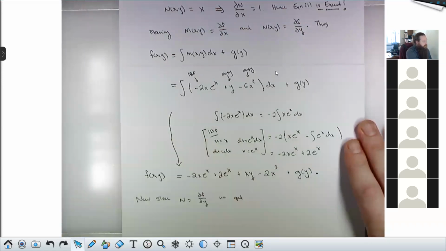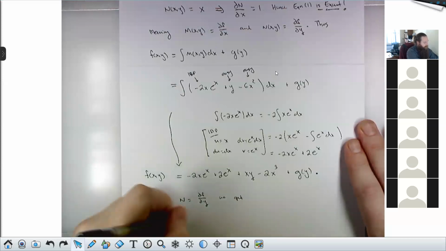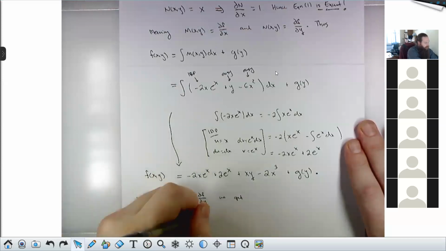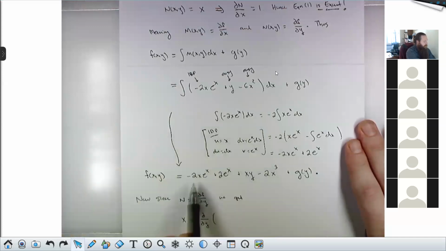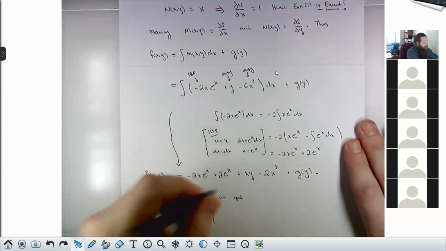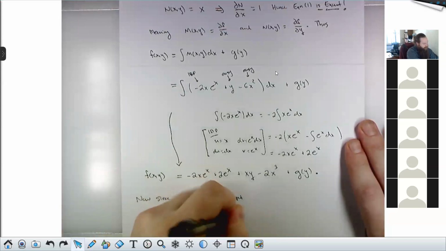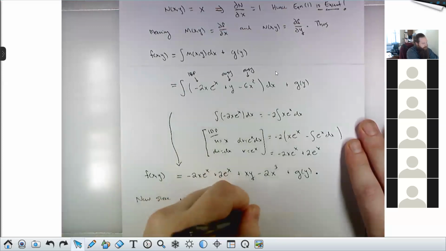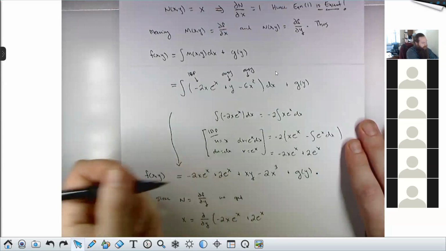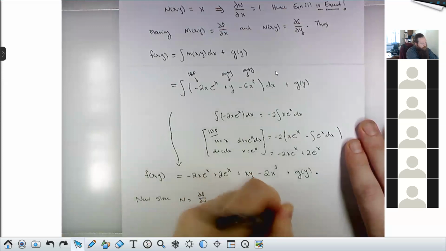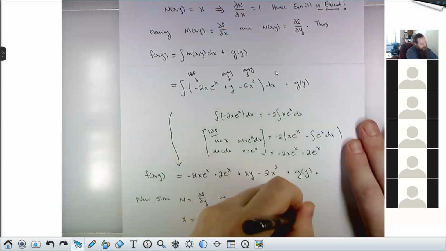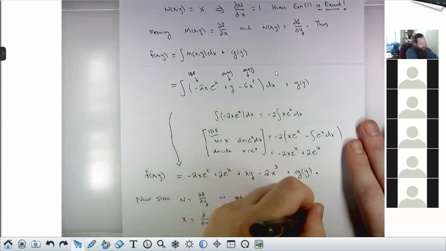The function n was just x. So x is equal to d dy of this thing. Negative 2x e to the x plus 2 e to the x plus xy minus 2x cubed plus g of y.